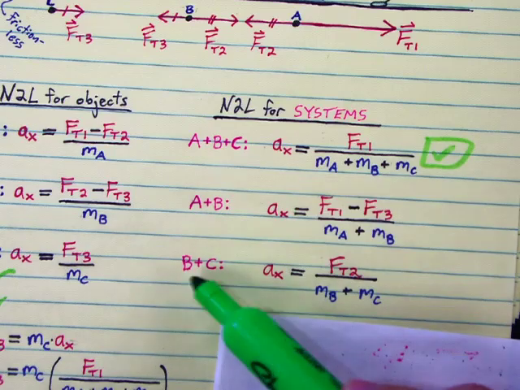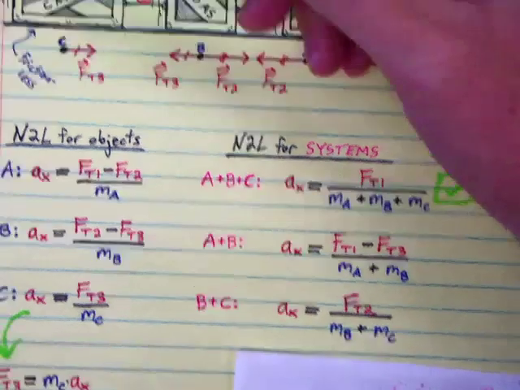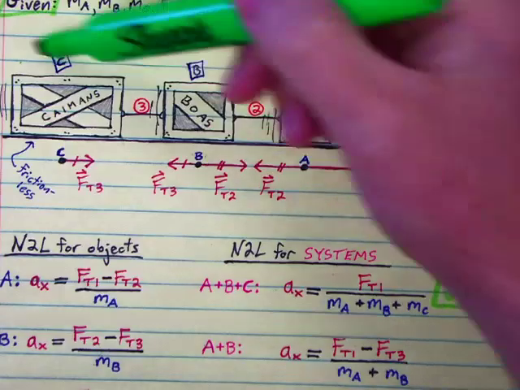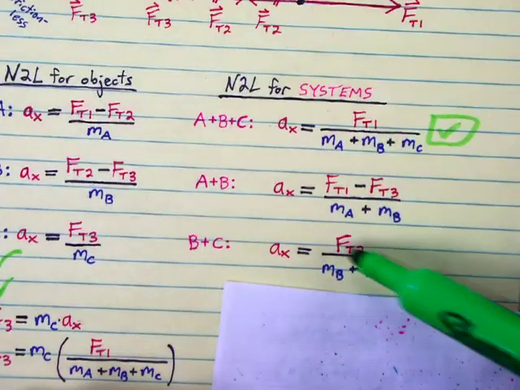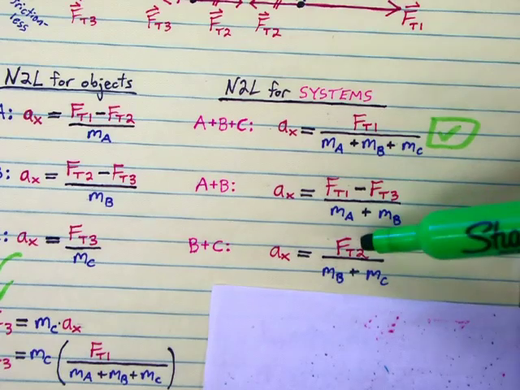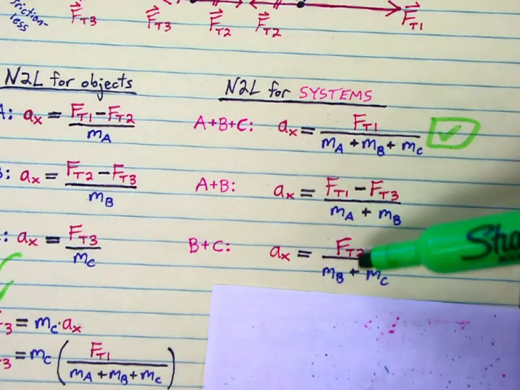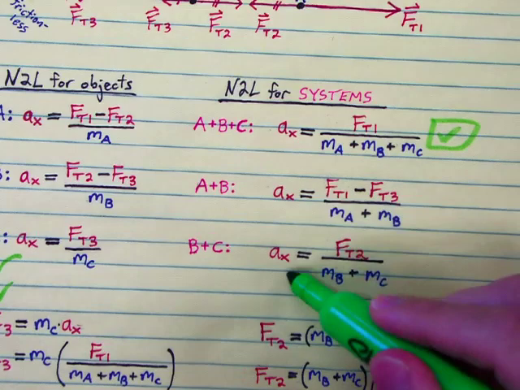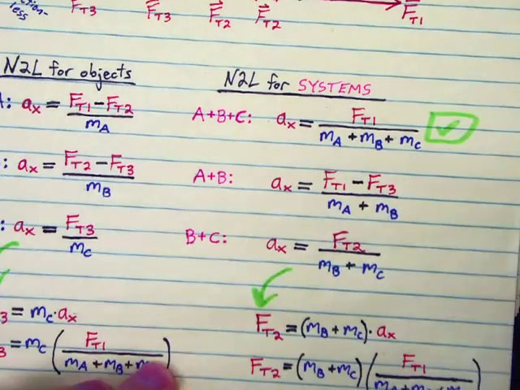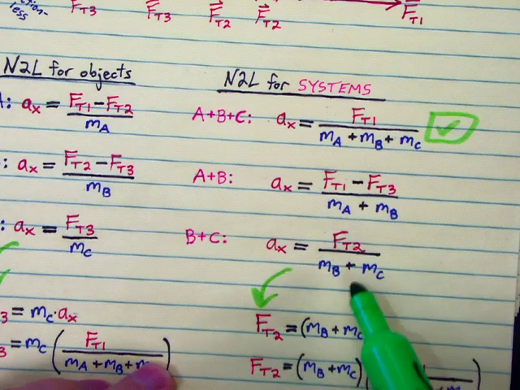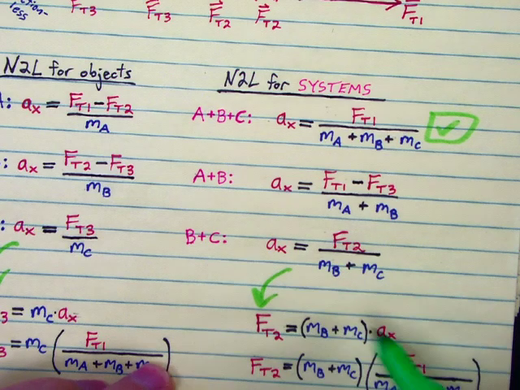If we choose B plus C to be our system, then this Newton's second law for that system involves tension 2 in a simple way. I would like to rearrange to get tension 2 by itself. Ft2 is mass B plus mass C times our acceleration.